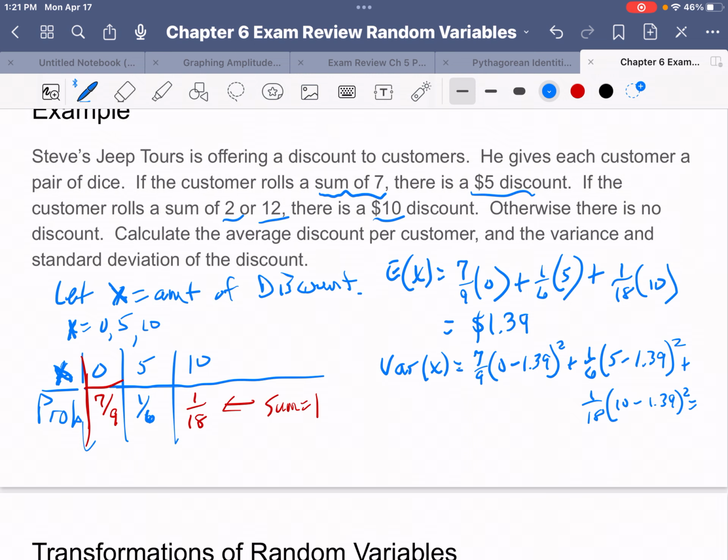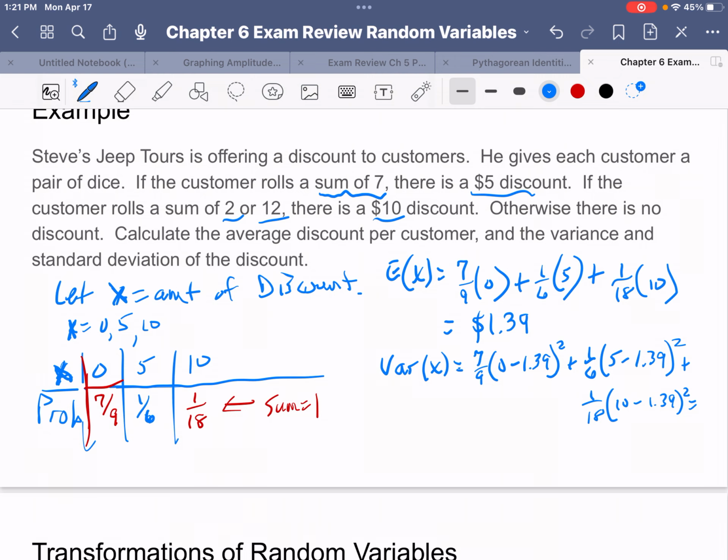So let's see. 7/9 times (0 minus $1.39) squared plus 1/6 times (5 minus $1.39) squared plus 1/18 times (10 minus $1.39) squared.